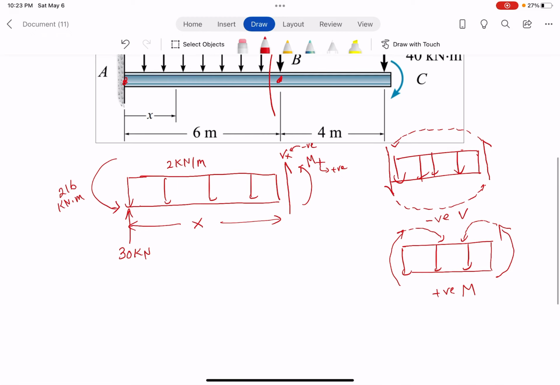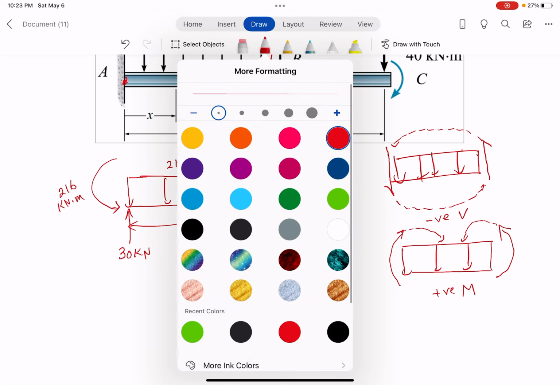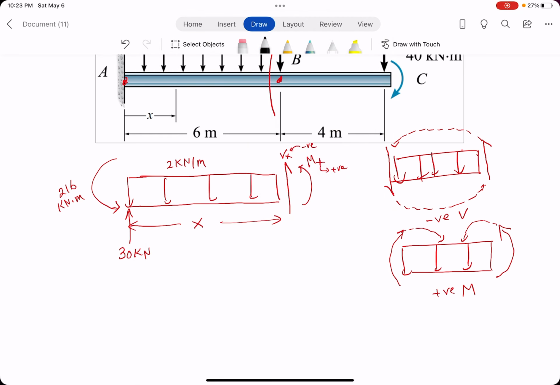Let's go ahead and do the summation of forces in y to find the shear. So summation of forces in y equals 0. This would give you 30, and of course 2 times x is 2x, so 30 minus 2x, and of course this is negative, minus Vx, equal to 0.